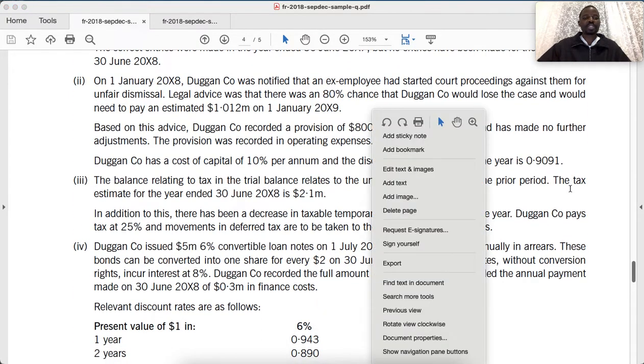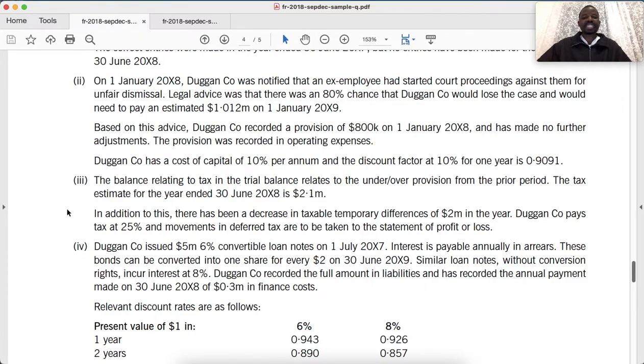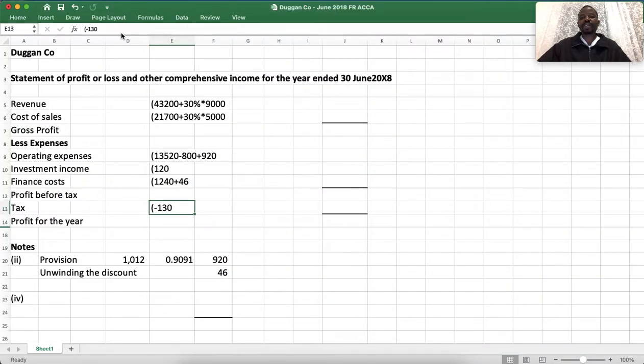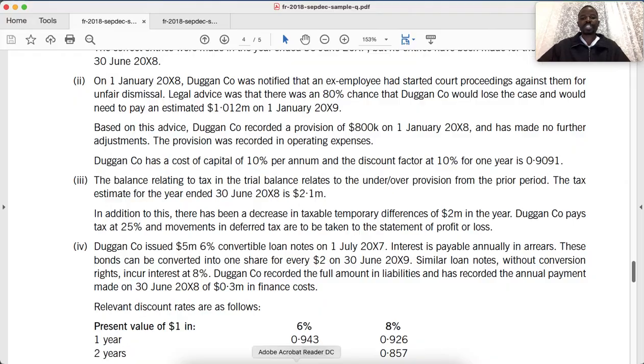Now we are told the tax estimate for the year ended 30 June 20x8 is 2.1 million. So the current tax is 2.1 million. So we come here where we have got our tax, we add 2.1 million, that's 2,100 as the tax expense for the year. Let's continue.